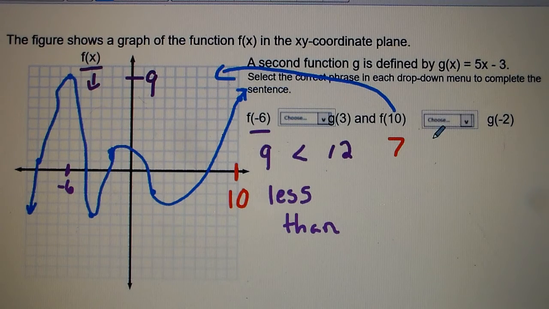So f of 10 is at 7. Then I put the g of negative 2 in. 5 times negative 2 is negative 10. Negative 10 minus 3 gets you negative 13. Is 7 less than negative 13, equal to negative 13, or is 7 greater than negative 13? Well, 7 is greater than negative 13. So we have a greater than.